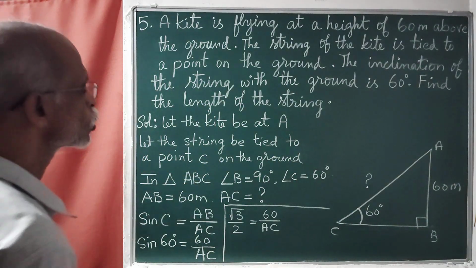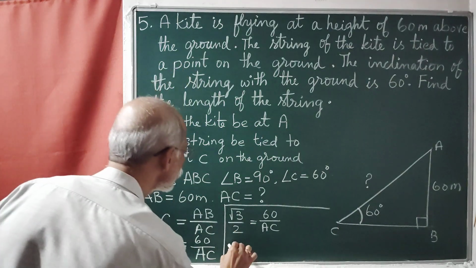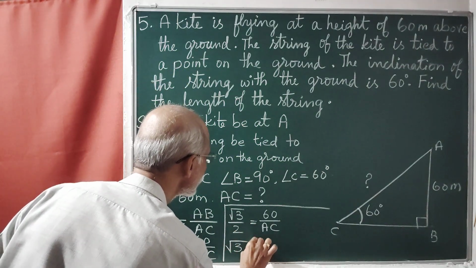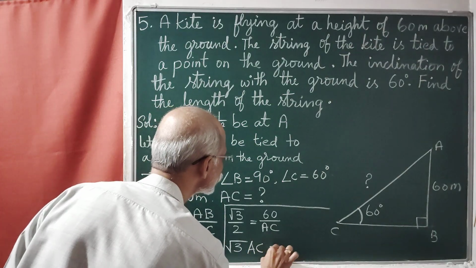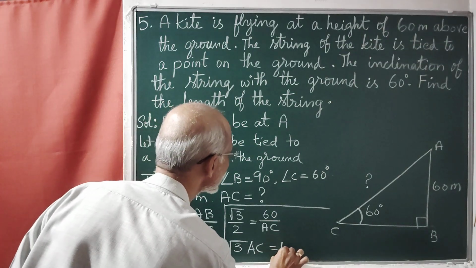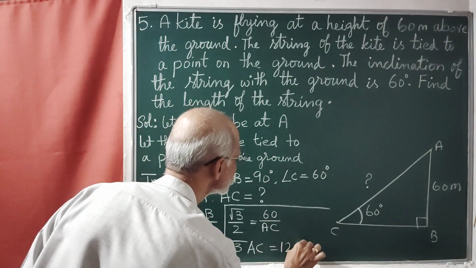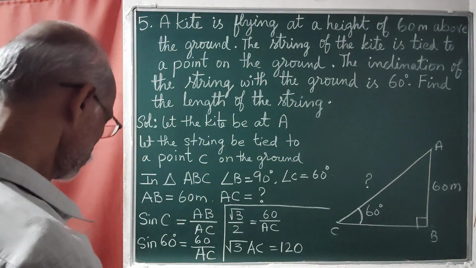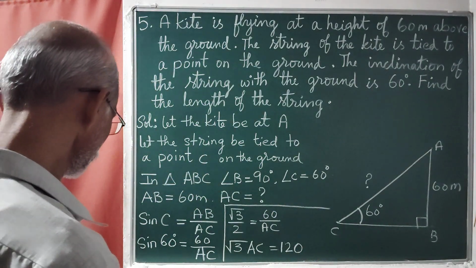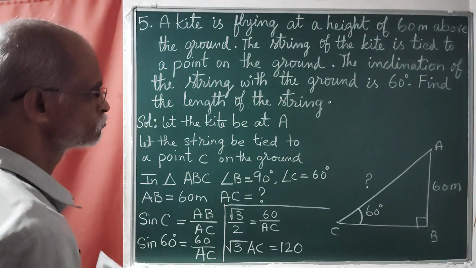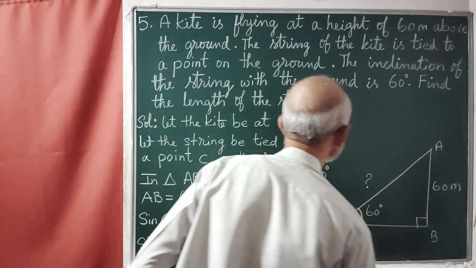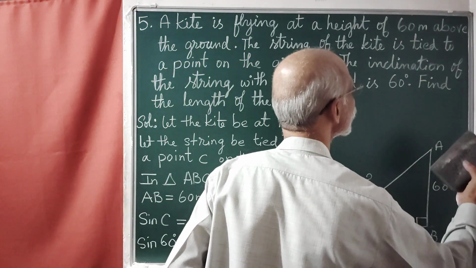So when we cross multiply, root 3 AC is equal to 120. We will move forward.